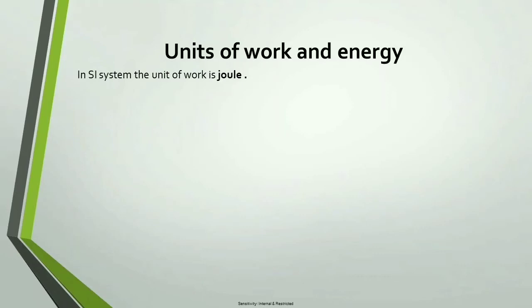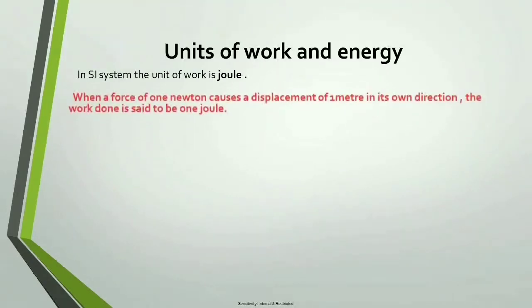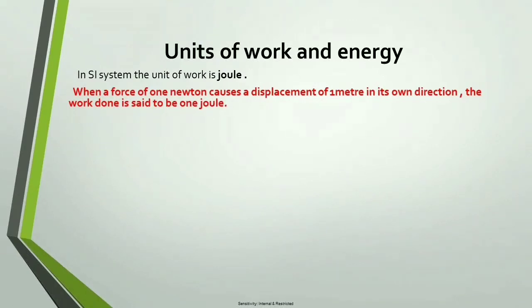Clear? So in the SI system, the unit of work is the joule. And what exactly is the joule? When a force of 1 Newton causes a displacement of 1 meter in its own direction, the work done is said to be 1 joule.